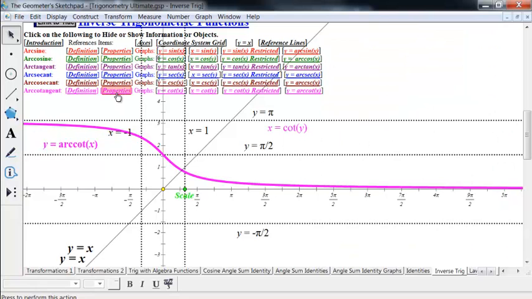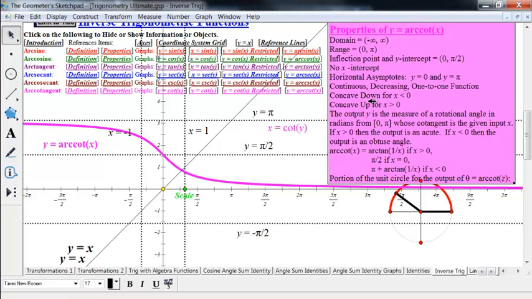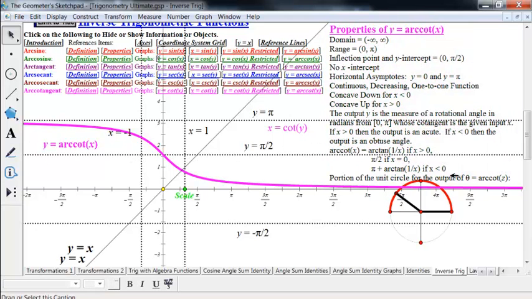Okay, so let's look at some of its properties. The domain is all reals. You can see it goes over all reals here. Its range is, no, wrong. Its range is from 0 to pi, but it does not include 0 or pi.